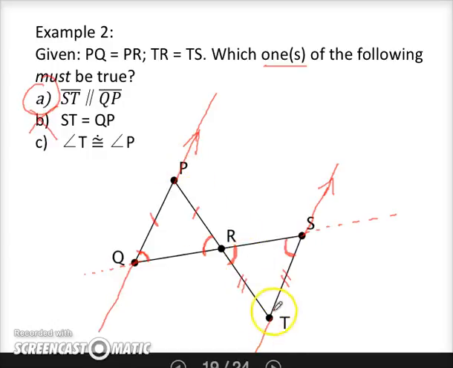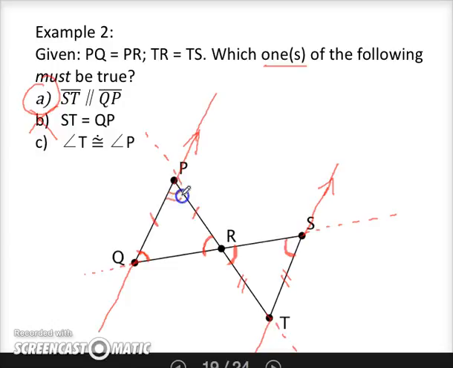Could I prove those two angles congruent? Well, I've already proved these two lines parallel, QP and ST. And I'm noticing here that PT is also a transversal for those two parallel lines. And since I've already proved them parallel, I can further deduce that alternate interior angles for these two parallel lines are congruent to each other.